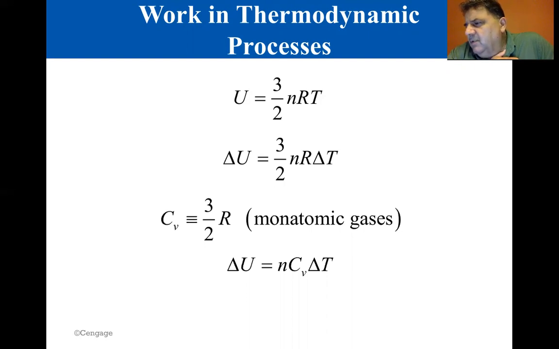The size of the molar specific heat depends on the structure of the gas molecule and how many different ways it can store energy. That's the degrees of freedom. Sometimes you can vibrate this way, sometimes it vibrates up and down, sometimes it vibrates like this. So it's the different vibration modes that store energy.